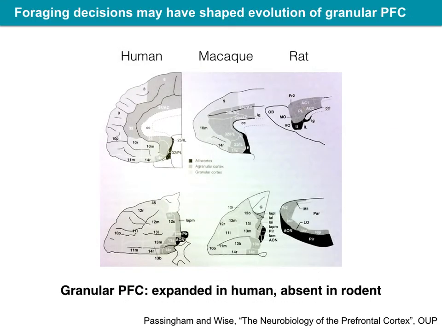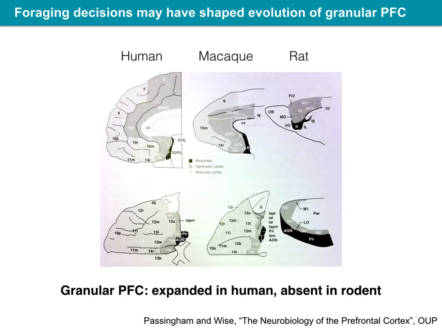And what Passingham and Wise then go on to argue is that this might be the reason why, at the same time as primates had a very dramatic expansion of the visual system and the development of fine hand movements, they also showed this very dramatic expansion of prefrontal cortex. And in particular, they developed a granular prefrontal cortex with an expanded layer 4, which of course has then become further expanded in humans, but is entirely absent from other species, so for instance from the rodent.